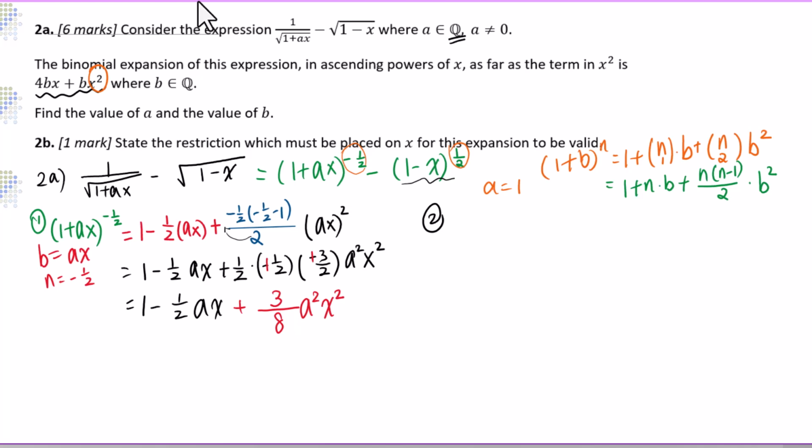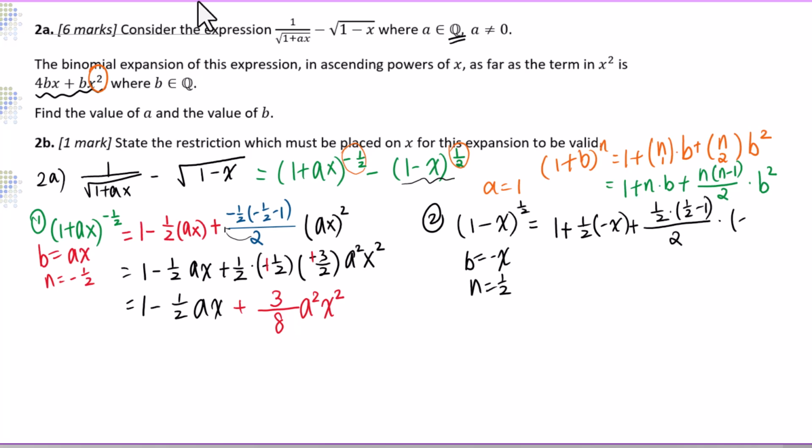For the second binomial expansion, 1 minus x to the 1 half power, b equals negative x, n equals 1 half. 1 plus 1 half times negative x, plus 1 half times 1 half minus 1 over 2 times negative x squared, equals 1 minus 1 half x, plus, moving this 2 to the front, 1 half times 1 half times 1 half minus 1, which is negative 1 half.